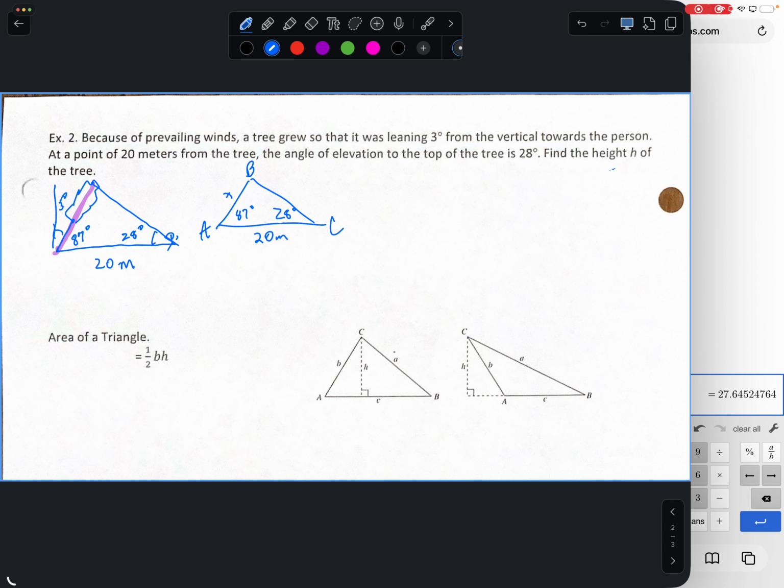I need to find the measure of angle B because I only know one side, and I want to set 20 meters to the sine of angle B. So find angle B by subtracting from 180. And it's 65 degrees.